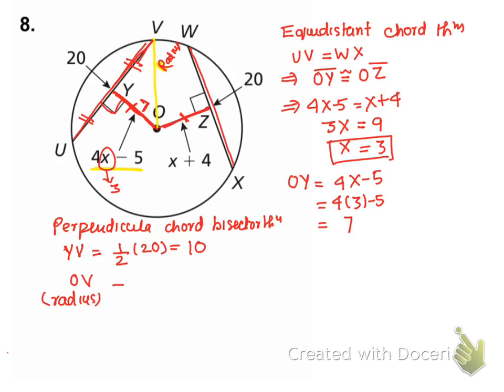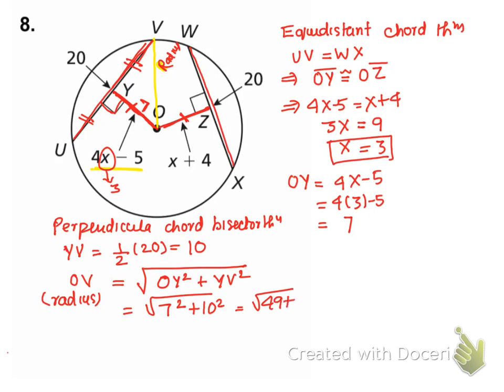OV is equal to the square root of the sum of the squares of the legs. One leg is 7, that is OY squared, plus YV squared. Just plug it in. OY squared is 7 squared plus 10 squared. That's going to be 49 plus 100, and that's going to be 149.